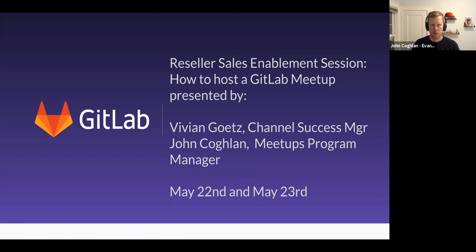So if you're a few dollars over or in a big city and things are a little bit more expensive, we can be flexible on those numbers. But that's kind of our guideline. We'll send you swag for your event so that everybody leaves with a GitLab sticker for their laptop. We can help with the marketing for the event, and also help find speakers depending on where and when the meetup's happening. If we can find a GitLabber to get there and you need a speaker, we'll try to make that happen.